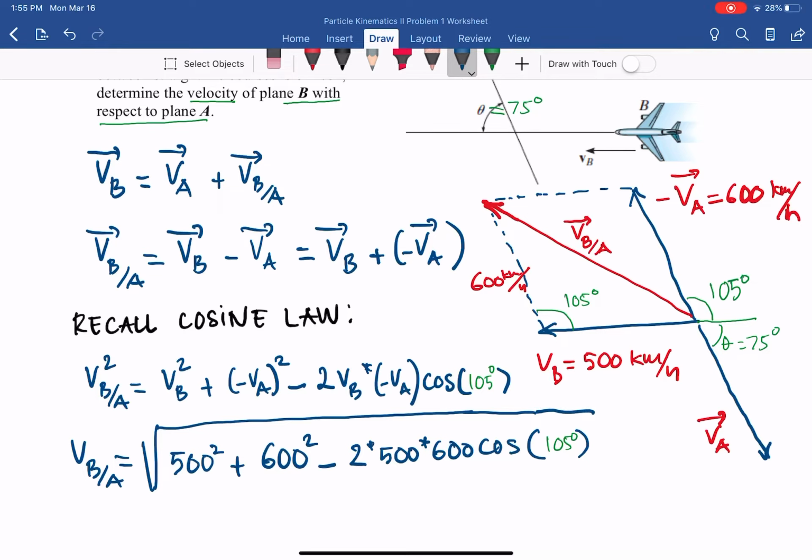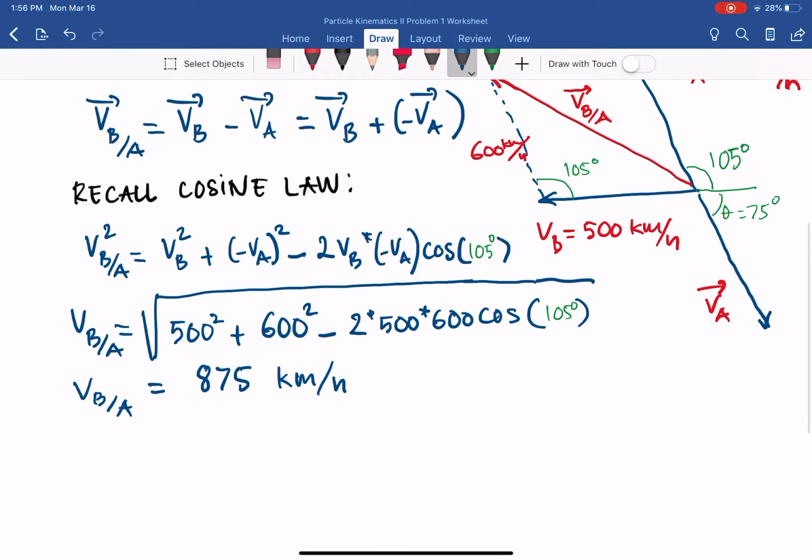From that we get the magnitude BA equal to 875 kilometers per hour. Kilometers per hour, not miles per hour.